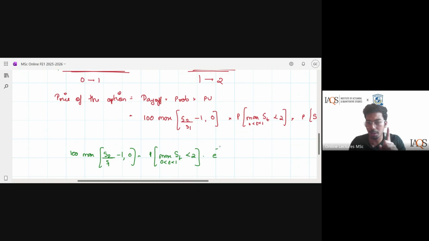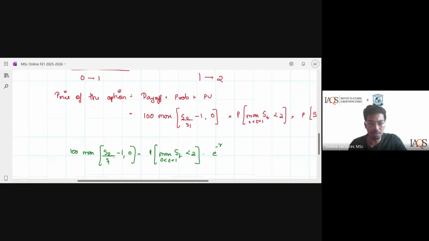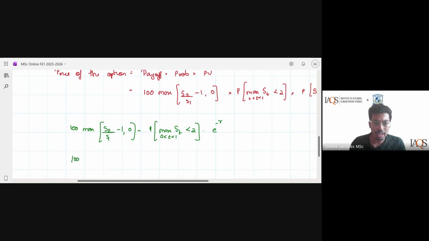Into, it's only 1-time step, so e raised to minus r. This is the price of the derivative between time 0 and 1. Between time 1 and 2, can I say the price of the derivative is payoff into probability into again PV factor. This is the price of the derivative between time 1 and 2.